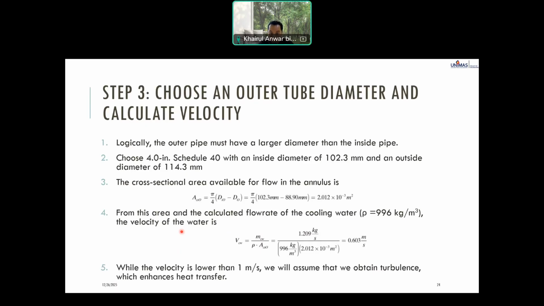The 3 inches can go inside the 3.5, but the area for heat transfer is very small. You see here, it's only 1 mm.